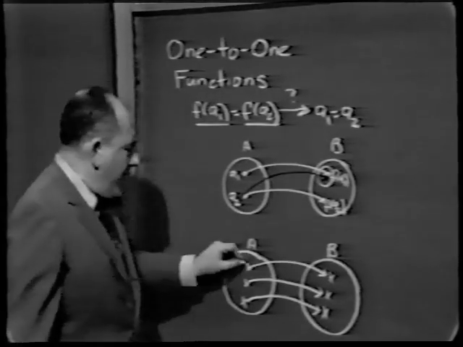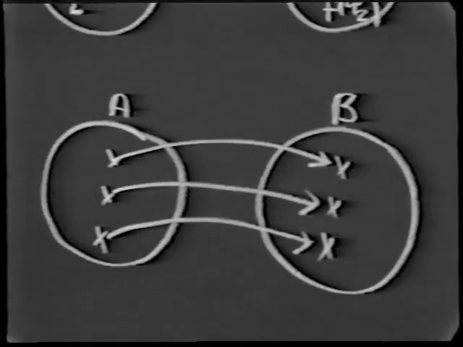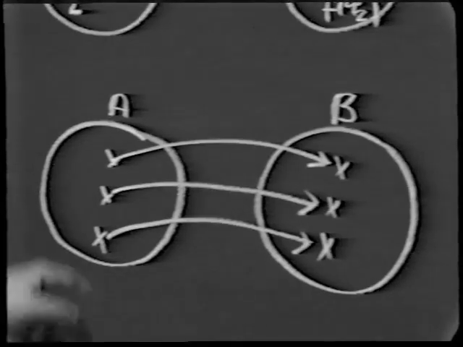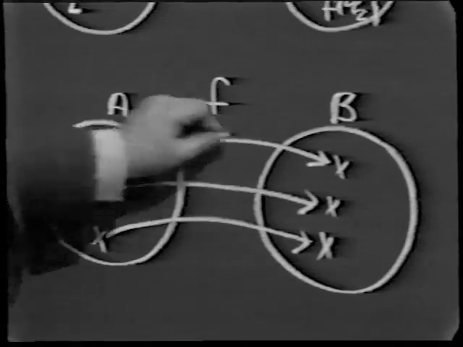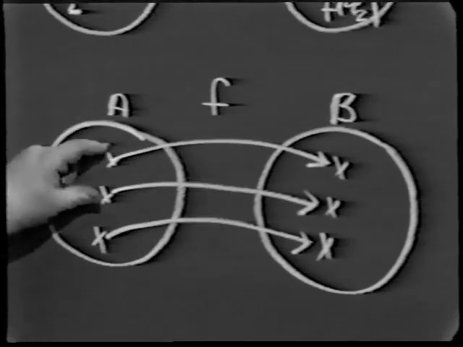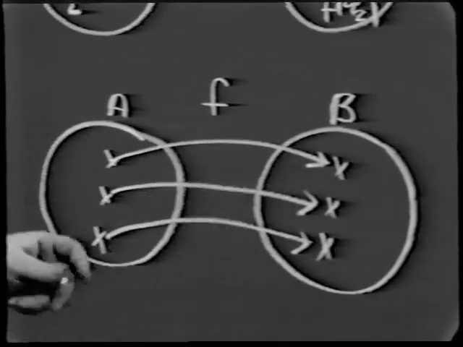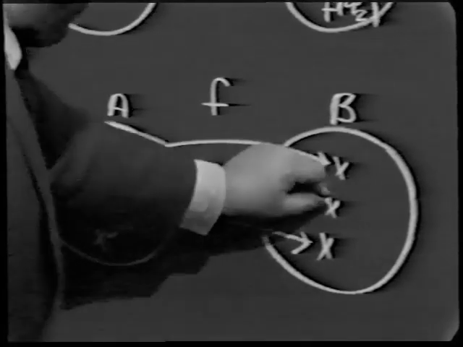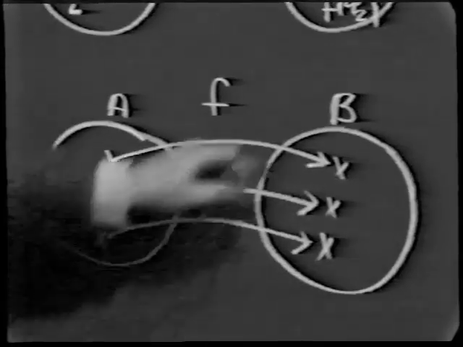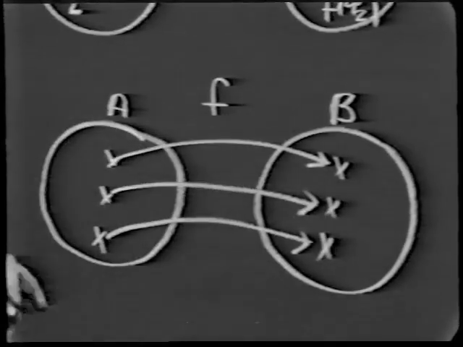For example, here is a picture I've drawn in which a function is one-to-one. By the way, I've drawn this picture so that my function f is both one-to-one, meaning that no two elements in A have the same image in B, and secondly, it also happened to be onto here, namely, no element of B was left out by f.